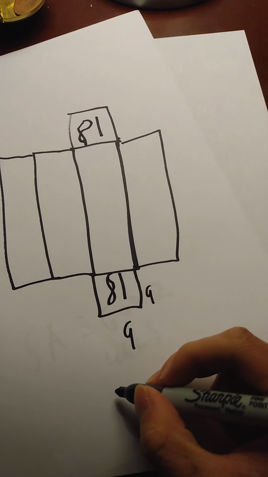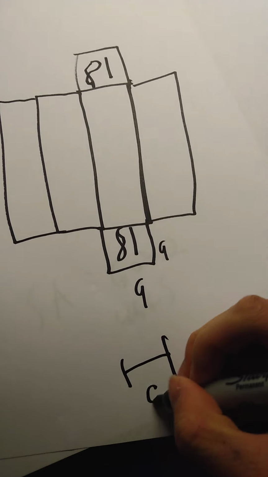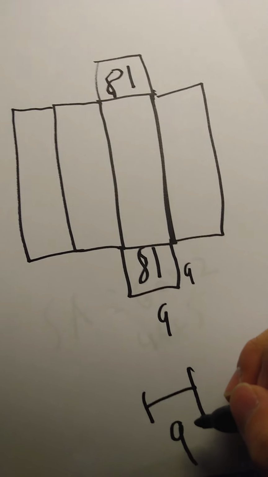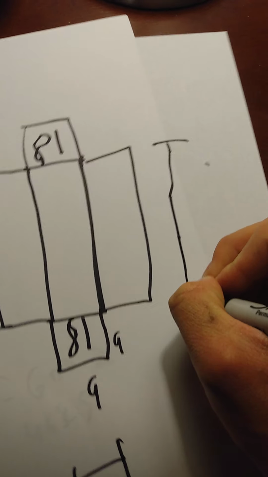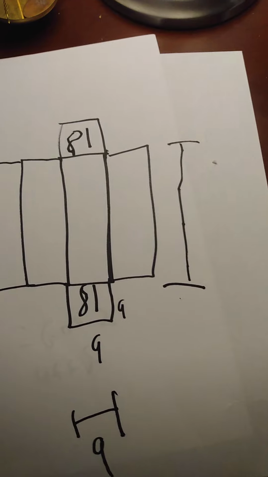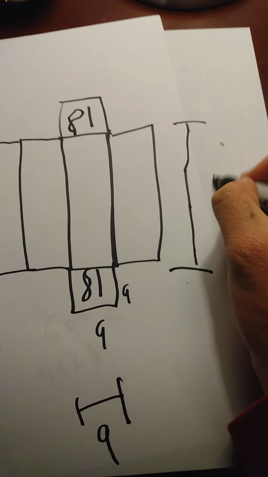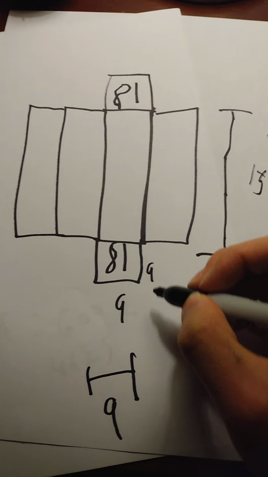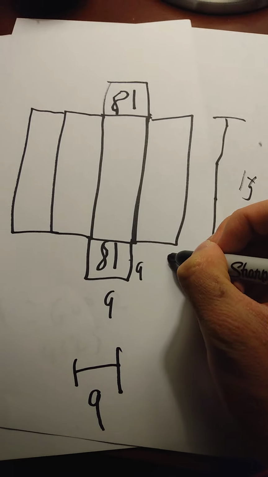9 is right here, from here to here. But that is one part of the question. The other part is, how are we going to do from here all the way down to here? We'll say that from here to there, it is 15. So if 9 is right here, 9 has to be from here to here too.